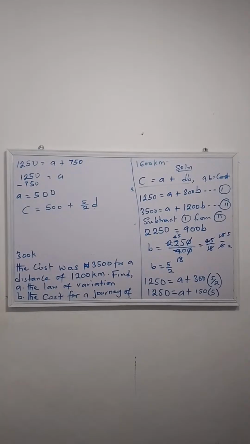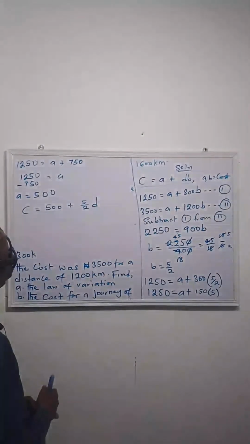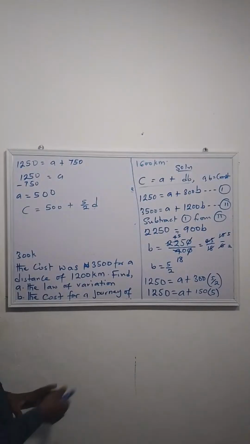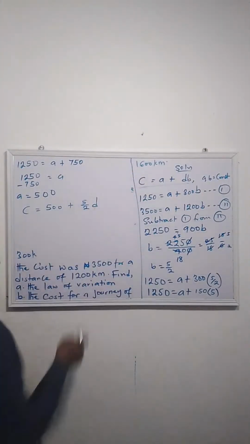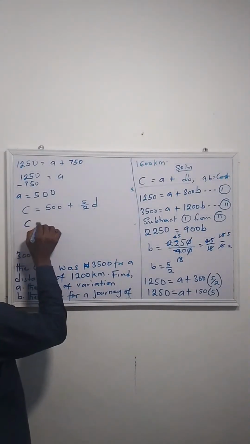Because of our time, because we need to move very fast, let's plug in and do this together. So when this distance is covered, 1,600, we plug in the value.